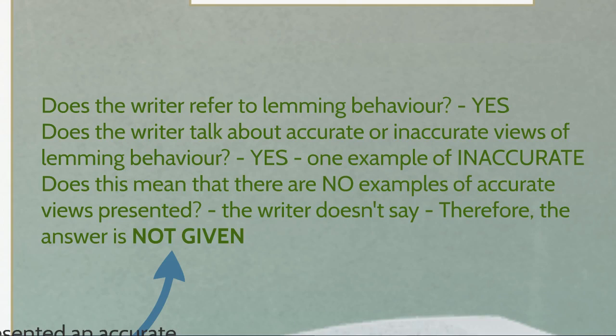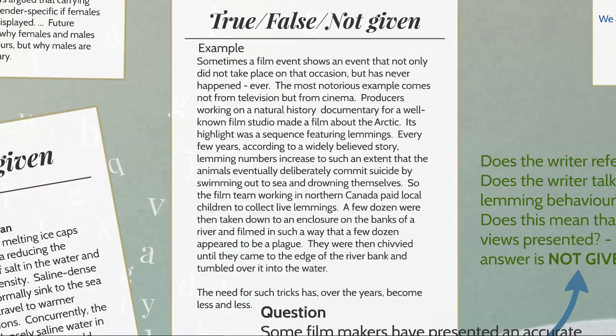Yes, there is one very clear example of an inaccurate presentation. Does this mean that there are no examples of accurate views presented by filmmakers? We don't know. The writer doesn't say, and therefore the answer is not given. Just look at it again.